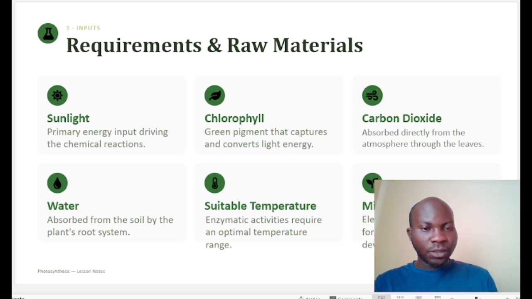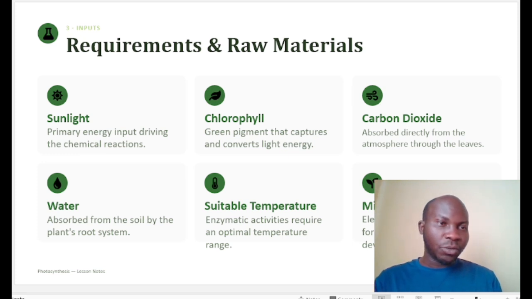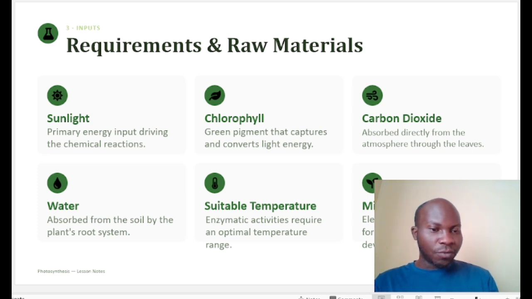As I said before, this water and the carbon dioxide combine in the presence of light energy, and then they produce glucose and oxygen. Glucose is stored in the plant, while the oxygen is released into the atmosphere where it can be captured by animals for respiration.